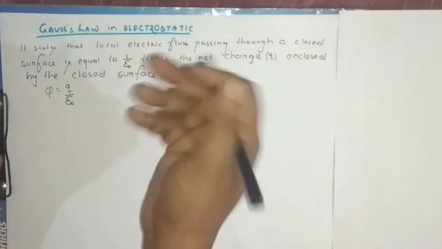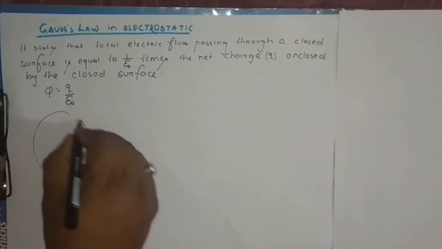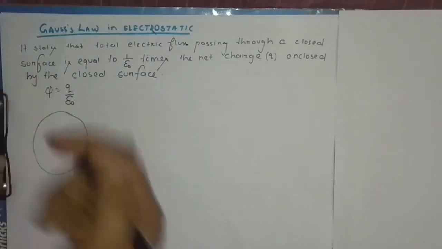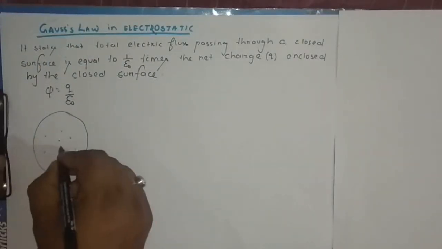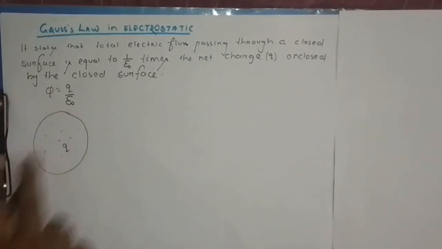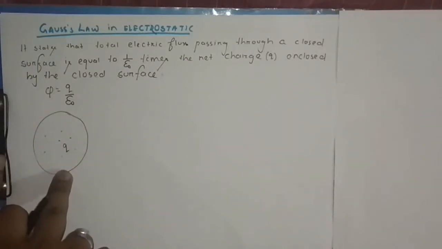How to know it from a mathematical point of view? Let us consider this is a sphere, obviously a closed surface like a football. What charges are there? Suppose Q1, Q2, Q3. The net charge is Q. If it is plus, flux is outward. If it is minus, flux is inward.